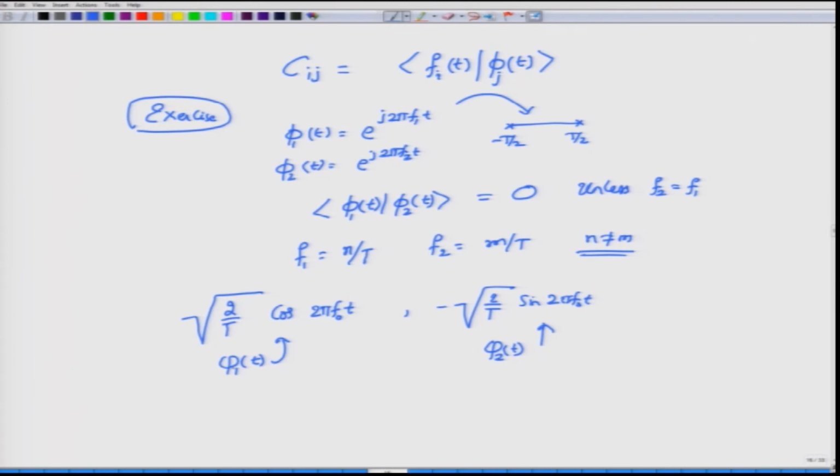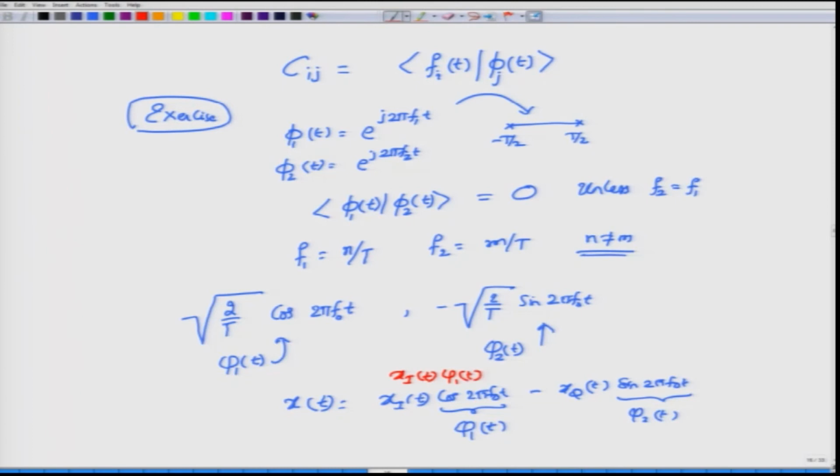Okay. And you can use these phi 1 of t and phi 2 of t to represent any modulated signal, because any carrier signal x of t would have been written as xi of t cos 2 pi f naught t minus xq of t sin 2 pi f naught t. Now, in terms of basis functions phi 1 of t and phi 2 of t, you can write this one as phi 1 of t and this one, including the minus sign, as phi 2 of t, and in fact you can write x of t as xi of t phi 1 of t plus xq of t phi 2 of t.